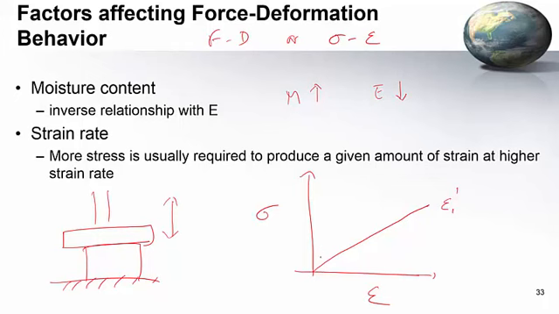Okay, so if the strain rate is higher, typically the curve line moves up. So this is the higher strain rate. This is the lower strain rate. So typically for a given strain, at a higher strain rate, you need more stress.